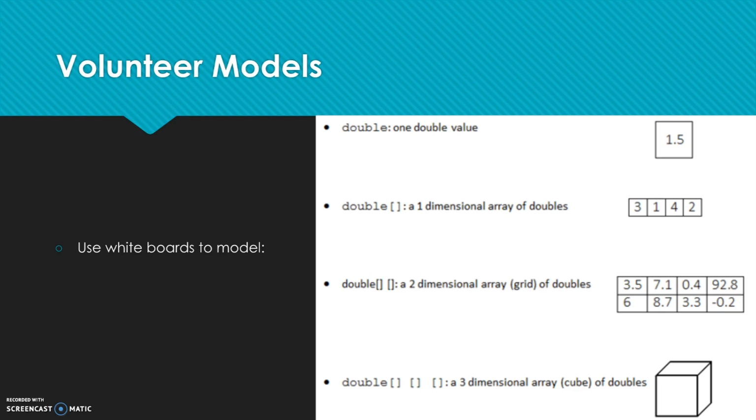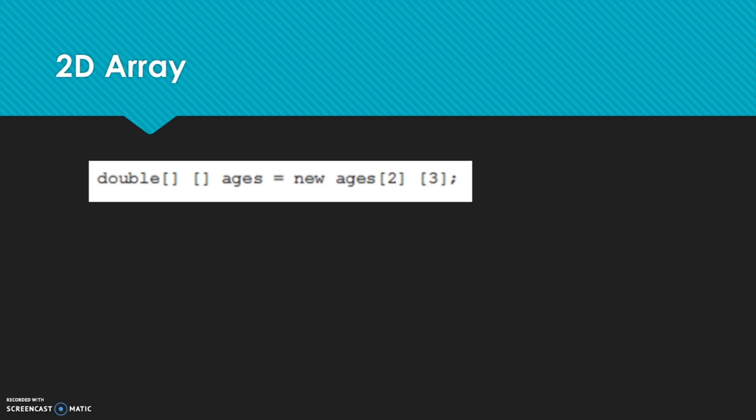Lots of good implementations. If you're doing any 3D graphics, you have 3-dimensional arrays all over the place. Now we're getting into the fun part, how to initialize a 2-dimensional array. So we have some new attributes that we've got to point out.